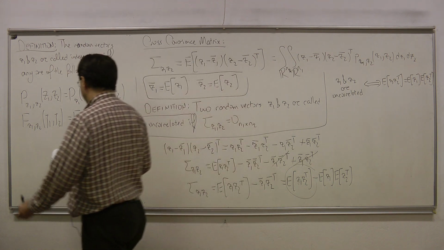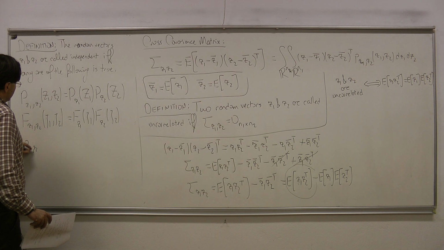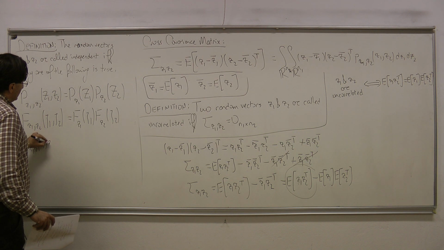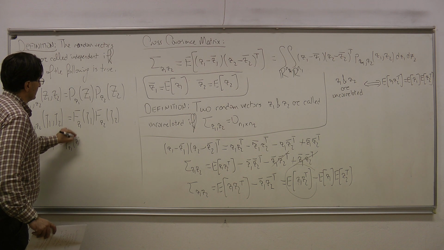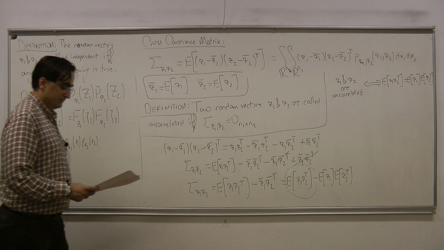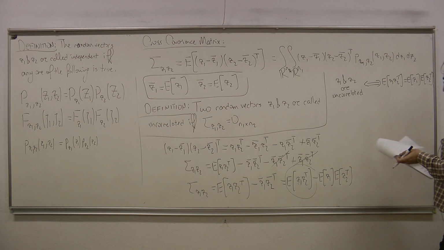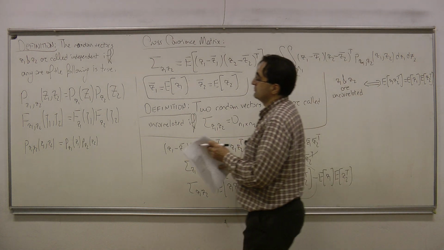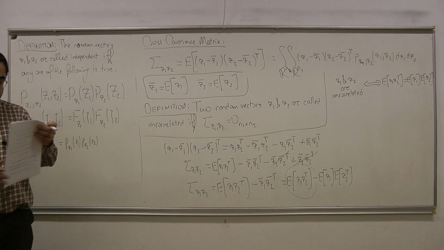And the third description is about the density functions. P_Z1Z2(z1, z2) is equal to P_Z1(z1) P_Z2(z2). Okay? Any one of them is equivalent to random variables being independent.